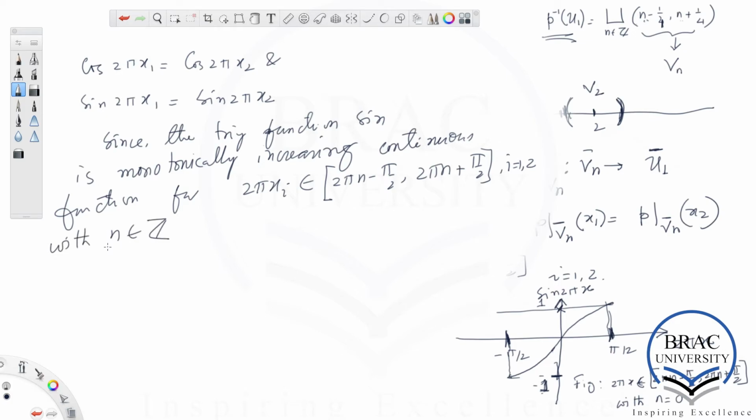Okay, so this is a picture showing that it's monotonically increasing. Okay, strictly increasing continuous function.